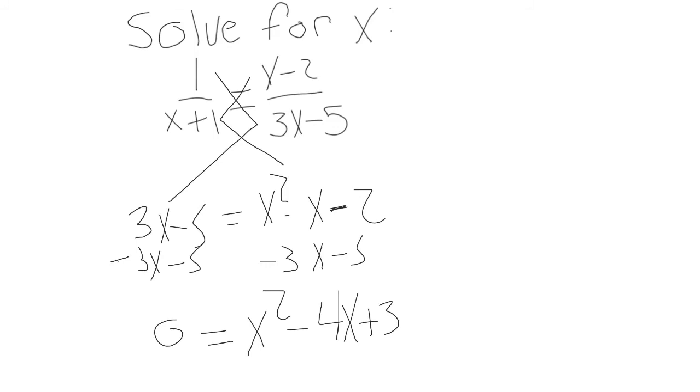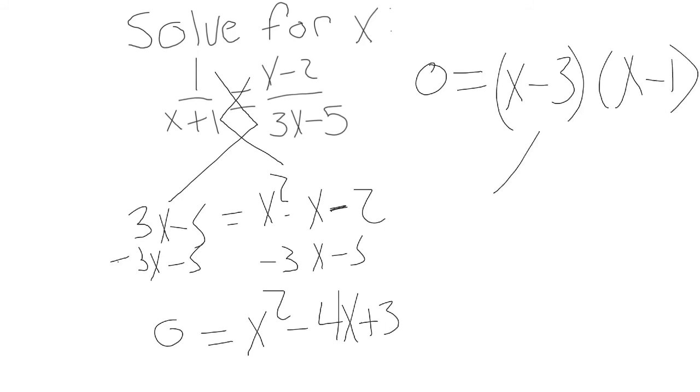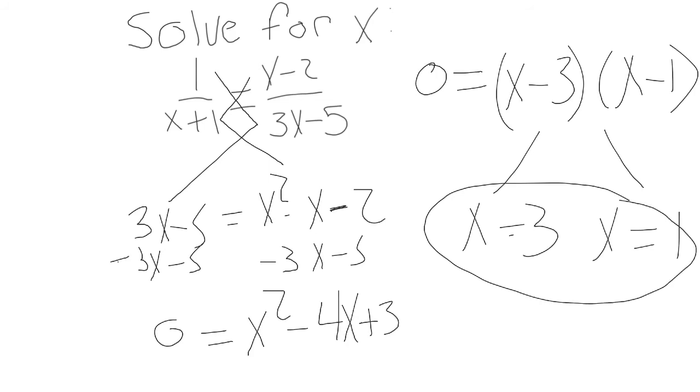Okay. Once we factor, we'll end up with 0 equals x minus 3 times x minus 1. And from there, we end up with x equals 3 and x equals 1. Those are your 2 answers.